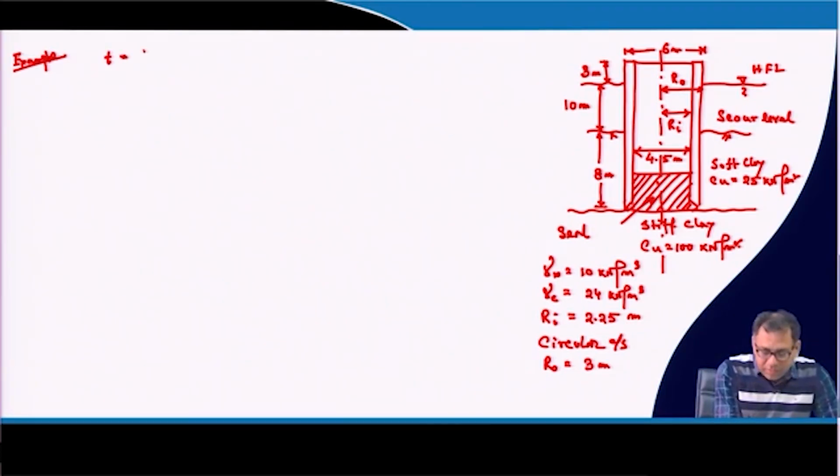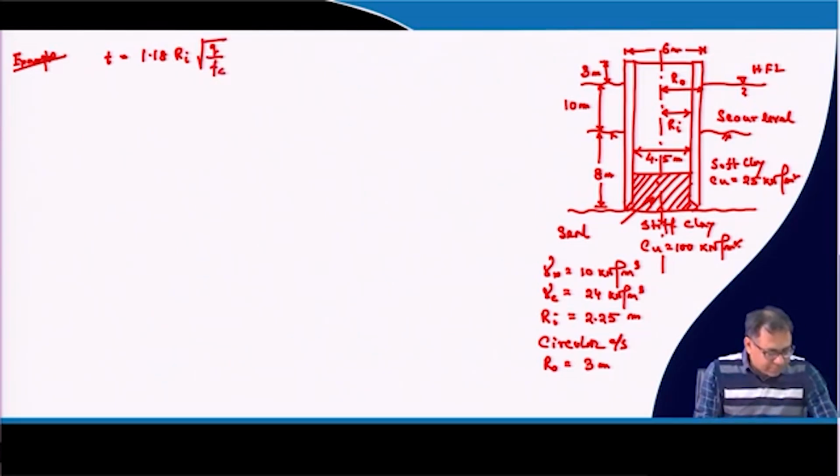It is a circular cross section, so T will be 1.18 Ri root over Q by Fc.